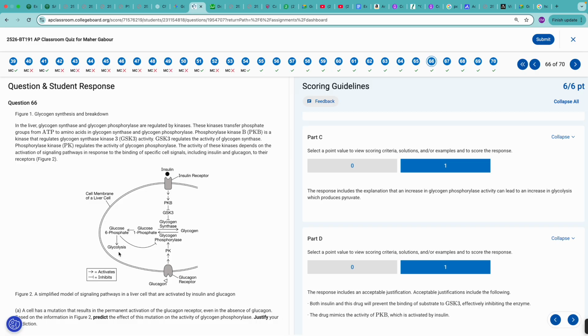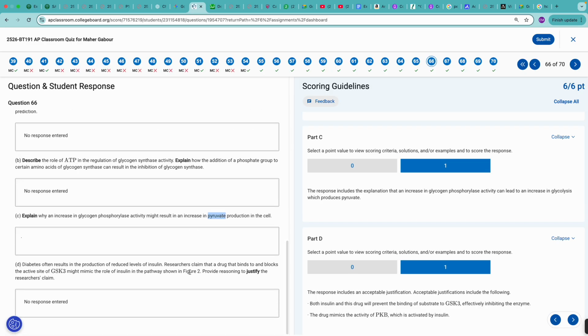We're going to have a lot of glycolysis happening, so a lot of pyruvate will be produced. Increasing glycogen phosphorylase activity will increase glycolysis.